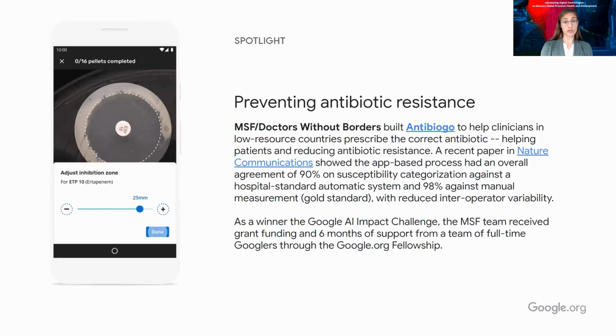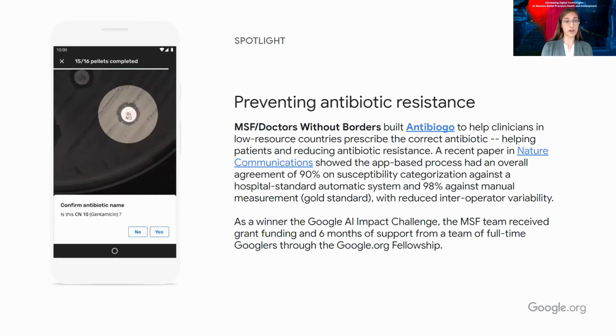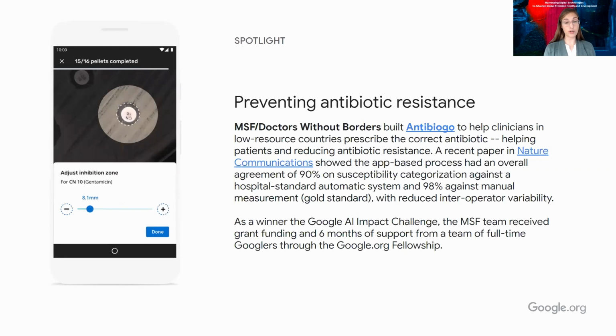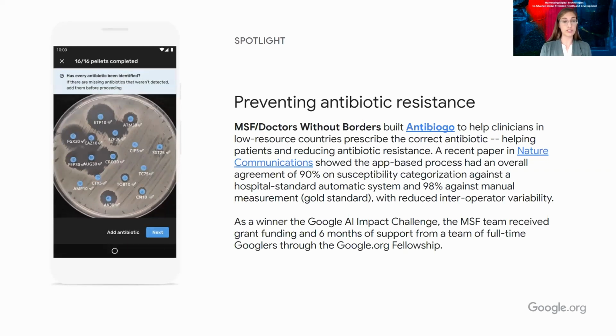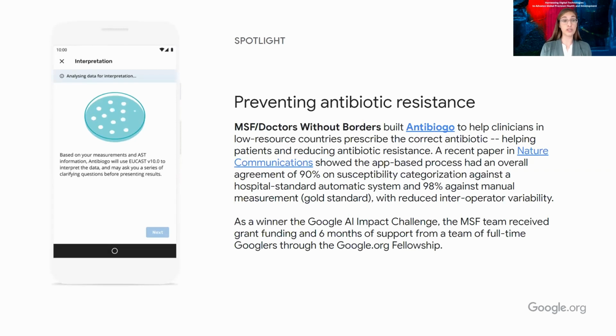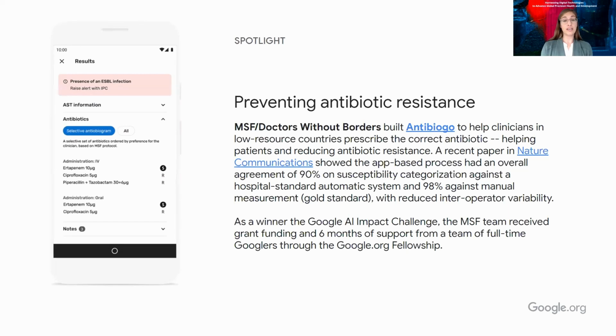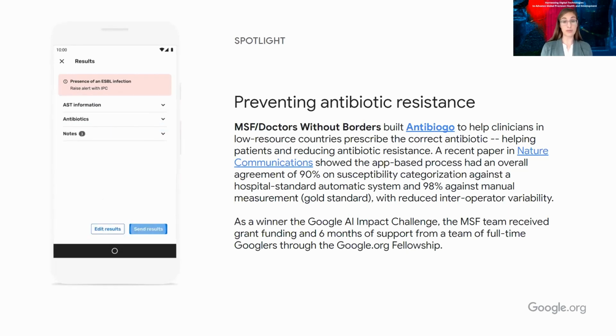Those tests are hard to interpret, as you can see here, and perhaps really hard for an untrained eye to use this Petri dish and understand what to do. And it's very hard to get both expensive lab equipment and trained microbiologists, especially into a country like Yemen. And that was the case for MSF a couple of years ago.